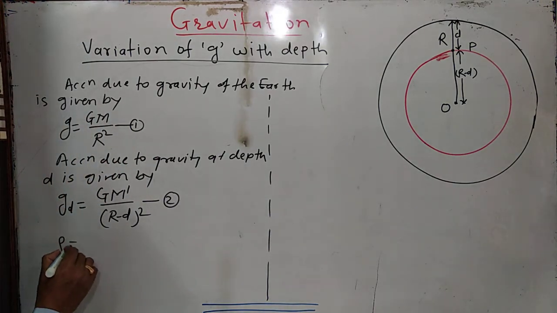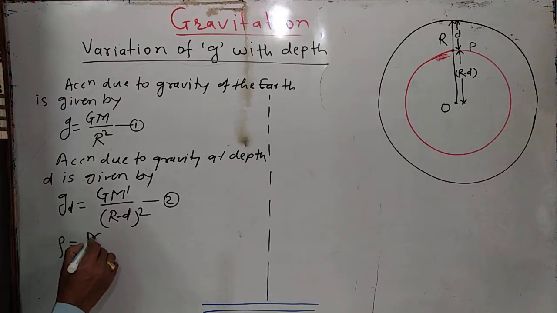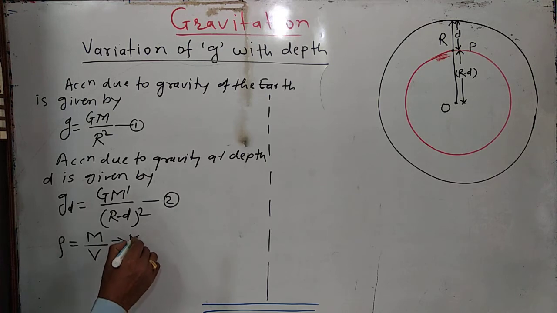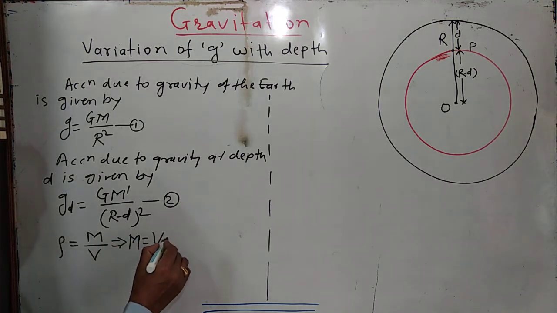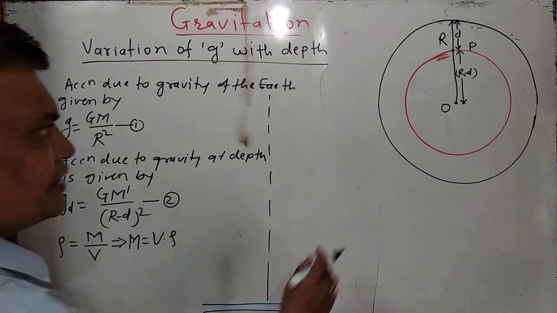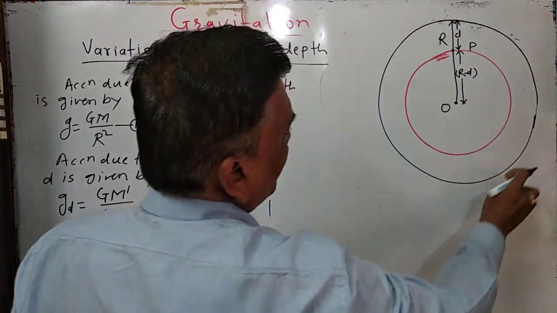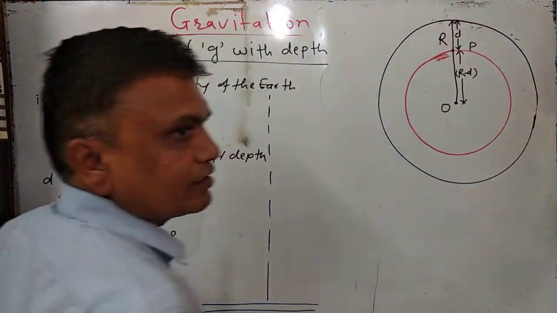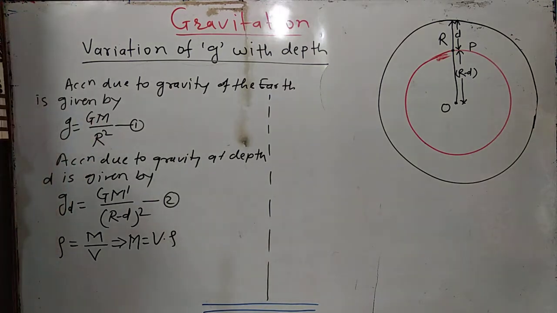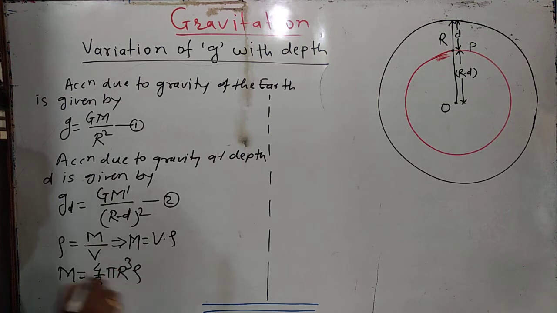Suppose rho is the density of earth, and density is given by mass upon volume. Therefore mass of earth equals volume into density. If the earth is a sphere of radius capital R, then its volume is 4 by 3 pi R cube, so M equals 4 by 3 pi R cube rho. This is the mass of earth.